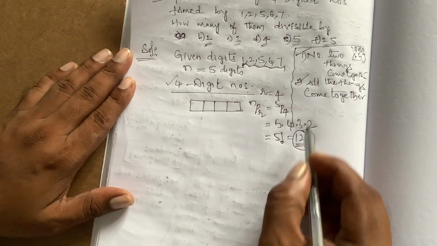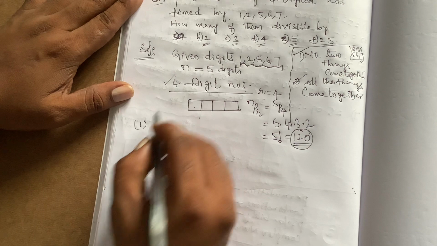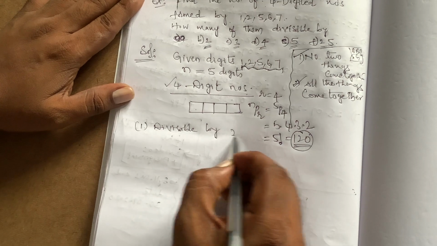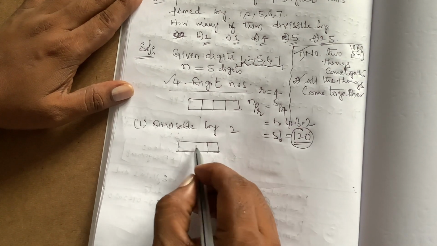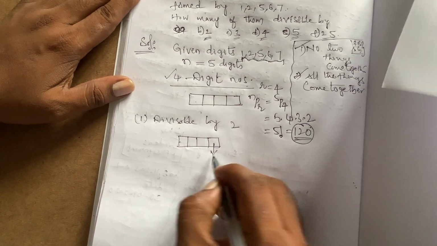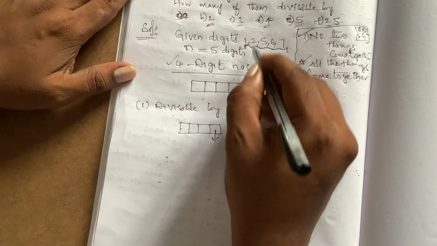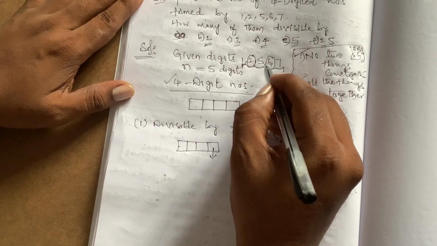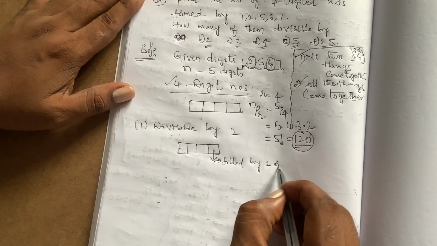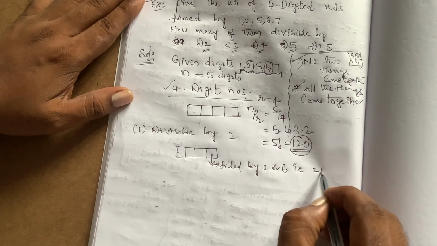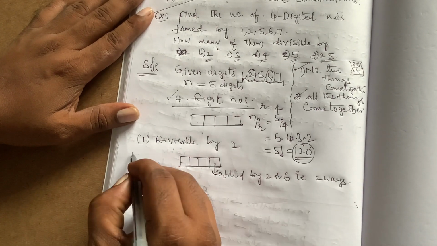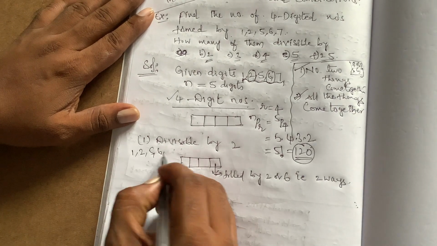Now out of all these 120, first I will discuss divisibility by 2. How many of them are divisible by 2? Divisible by 2 means the number should be an even number. So first you have to check this last gap. This gap can be filled by either 2 or 6, so in 2 ways. The work is not completed. Now one digit is filled here, out of the given digits 1, 2, 5, 6, 7.